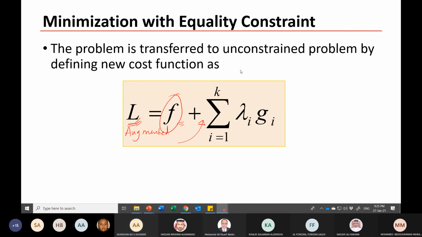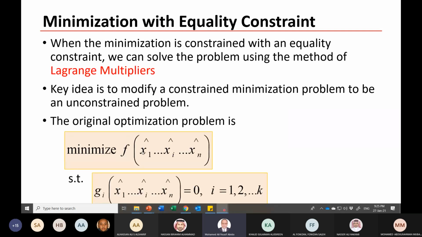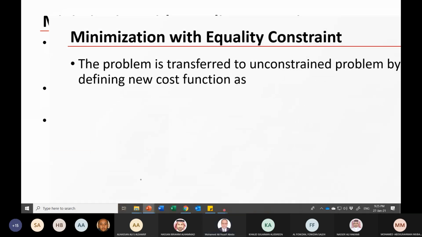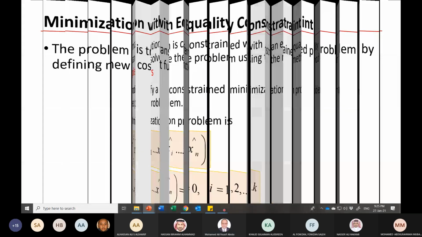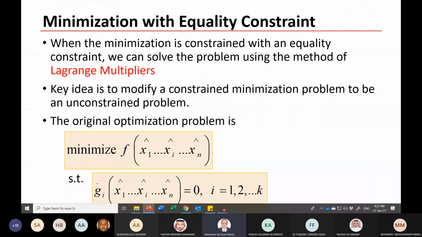Okay. So here we converted the constrained problem. This is the objective function, this is the constraint. We add this constraint to the objective function plus lambda times g.